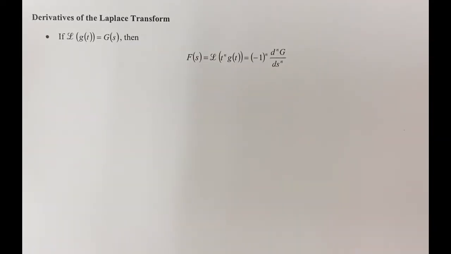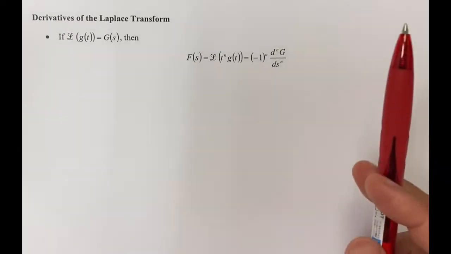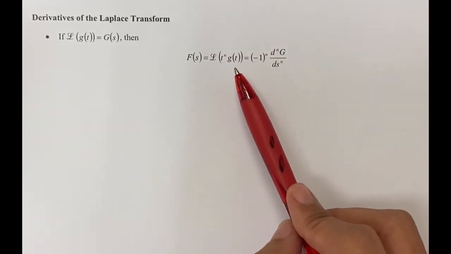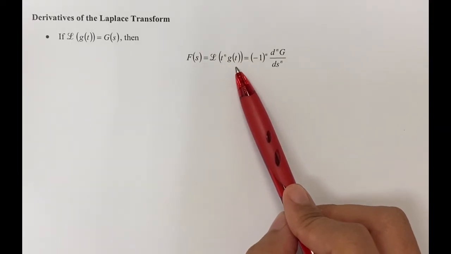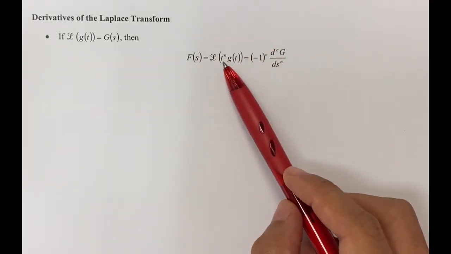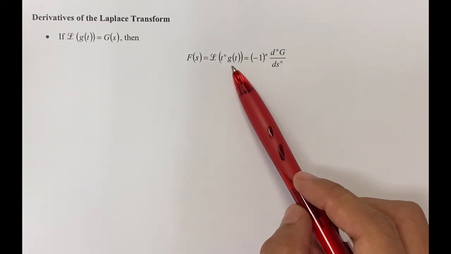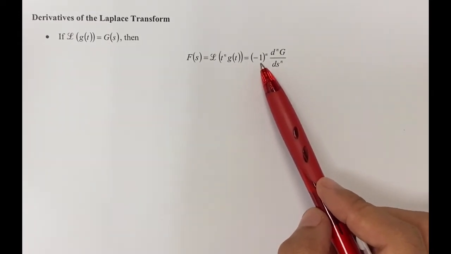The last property is the derivative of the Laplace transform. Now what if you have to find the Laplace transform for a product of t to the power of n with another function g(t)? If you have a product of t^n with g(t), this is how you find the Laplace transform.